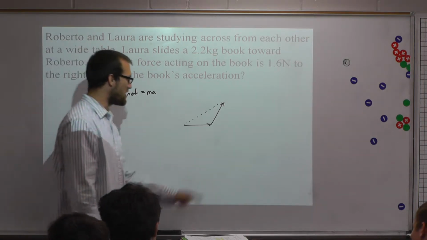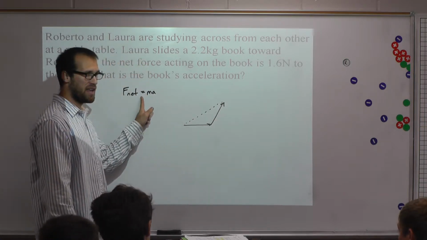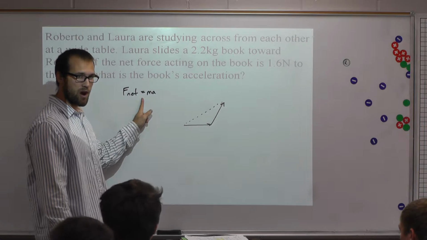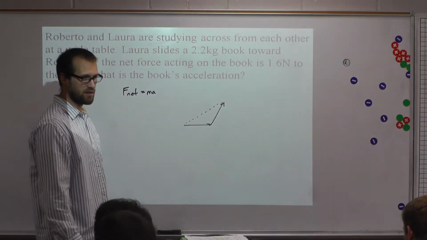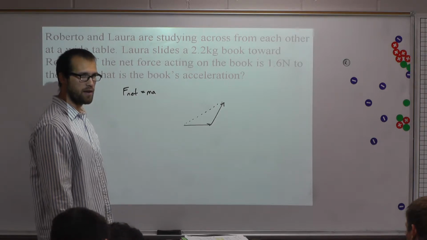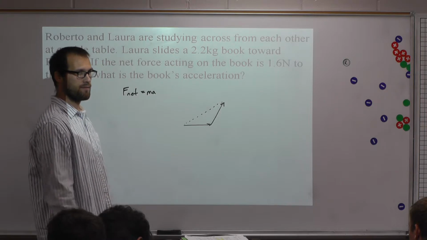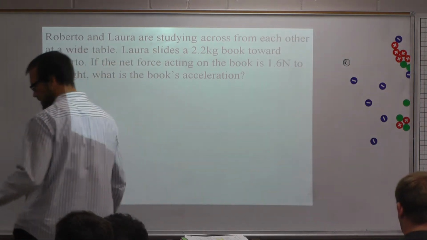You would have to find the net force of that resultant vector before you plugged into this equation. All we're doing today is going to be based off of one vector. So it's literally going to be either multiply or divide, except for the last problem if we have time.